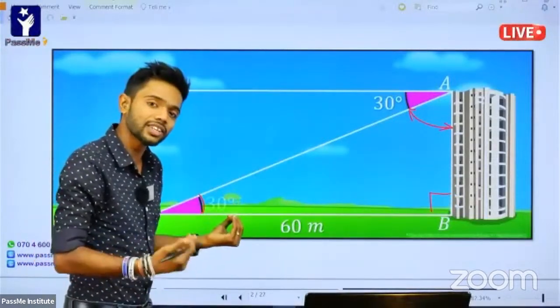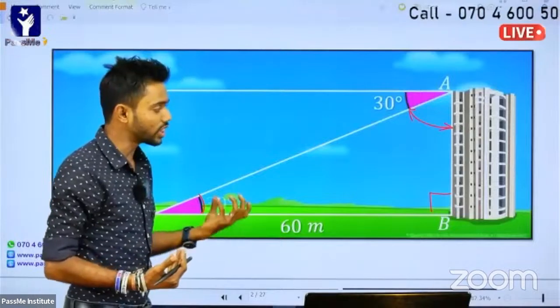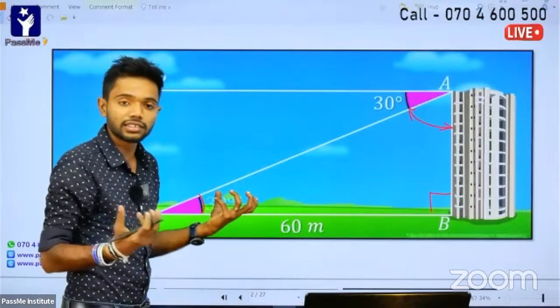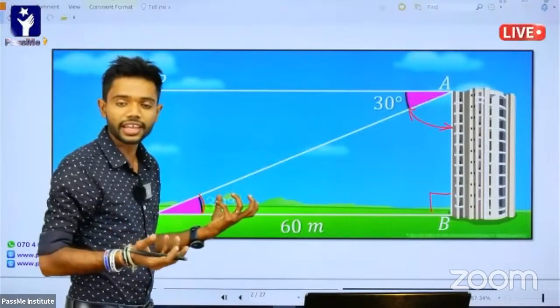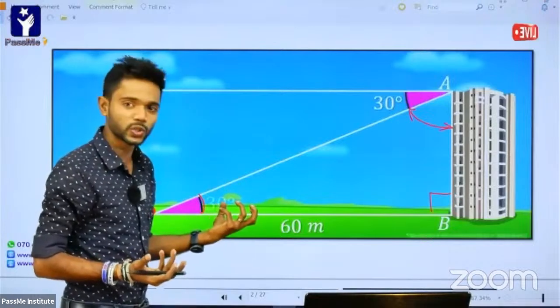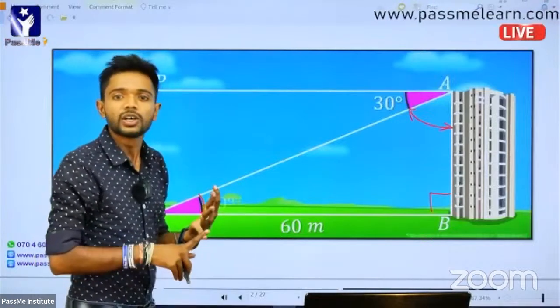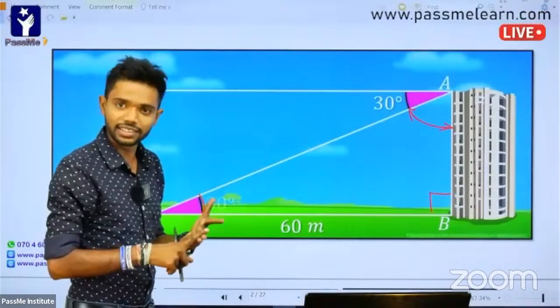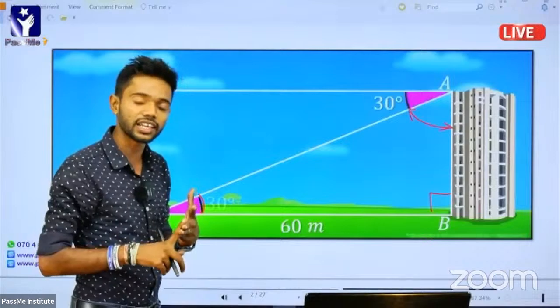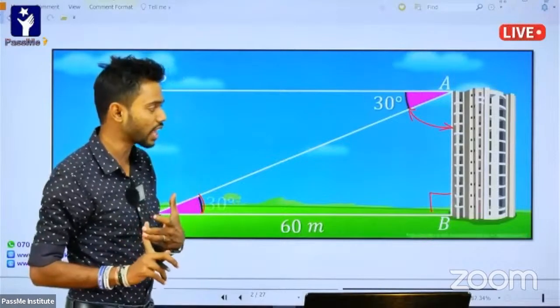And then I will go with this right angle triangle and take the help of trigonometry knowledge. Actually, we will use sine, cosine, and tangent. So these are the trigonometry ratios. I will introduce that in upcoming slides.